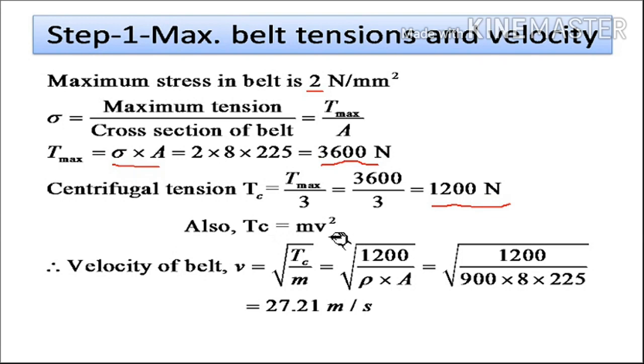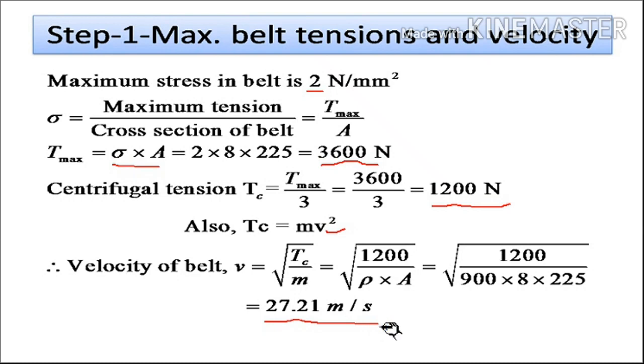From this relationship we can determine the velocity of the belt. So v equals under root of Tc by m, that is 1200 divided by m, where m is the density of the belt multiplied by the cross sectional area of the belt, in kilogram per meter. So you will get the velocity, which is equal to 27.21 meter per second.